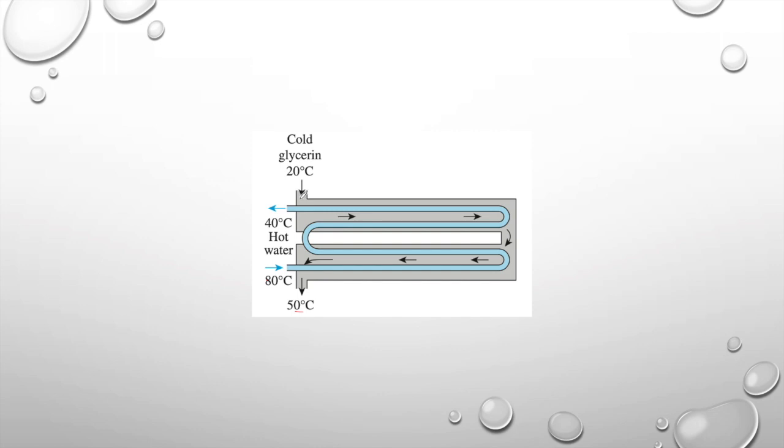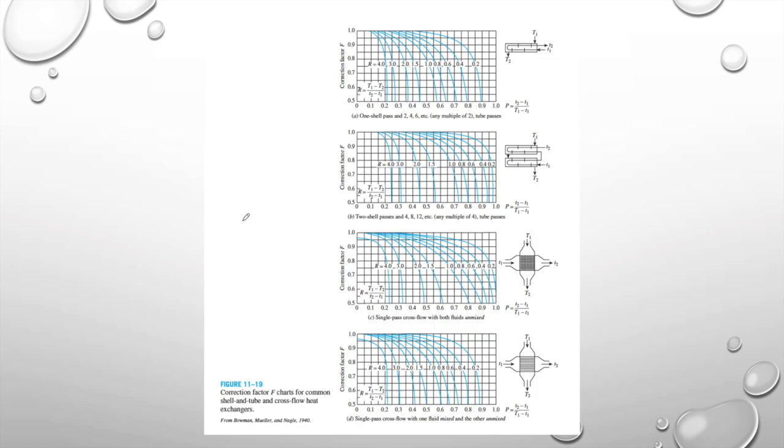Okay, multipass counter flow. From a previous video, I've already shown you this graph. We have 4 different types of graph here. First is 1 shell pass with 2, 4, 6 tube passes, and the second one is 2 shell passes and 4, 8, 12 tube passes.